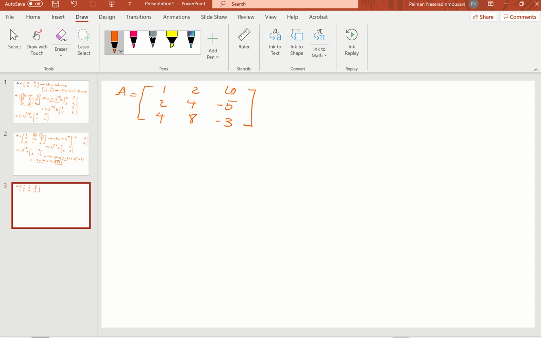Because there's a relation between a matrix determinant and the rank of a matrix, that I taught you in chapter 5, in part 5.